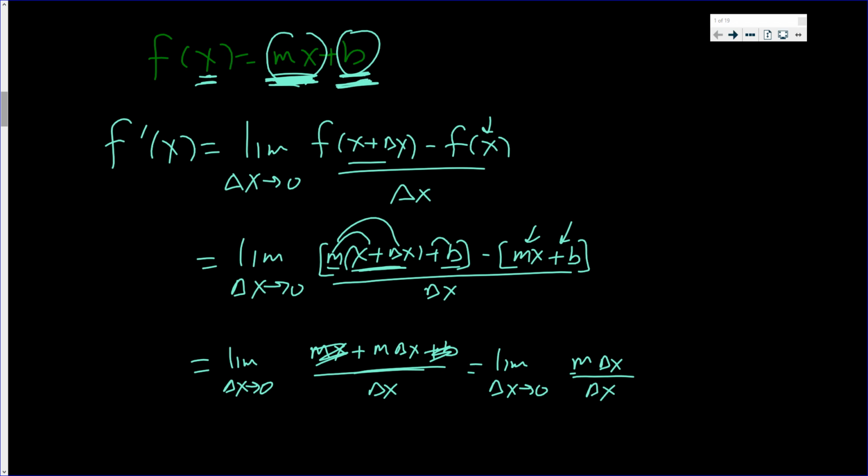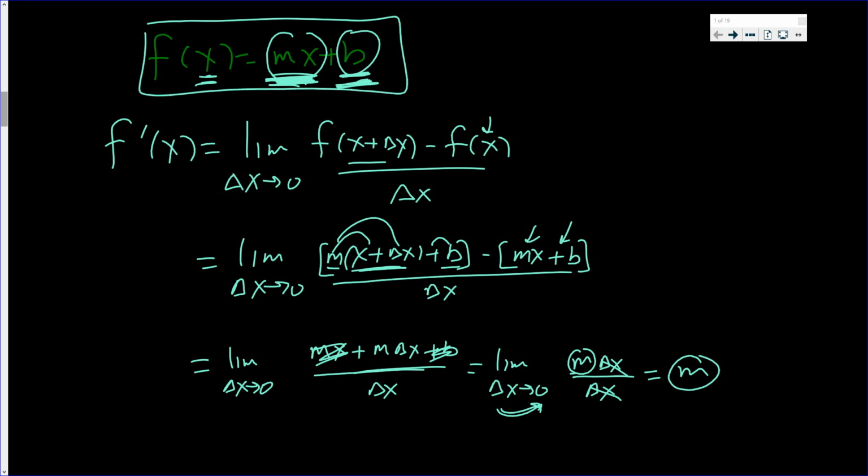Since delta x is not 0, it is approaching 0, it's not 0, then this is 1. So I just get m. There wasn't even any delta x for me to plug 0 into. And as promised, if f of x is a line, then the derivative of that line is m. And in that, f of x equaling mx plus 0, which by the way is mx, the derivative of this, that's a line, it's m. The derivative of mx is m.